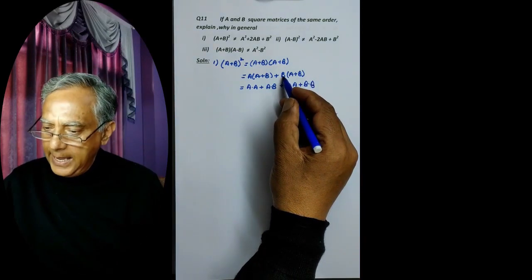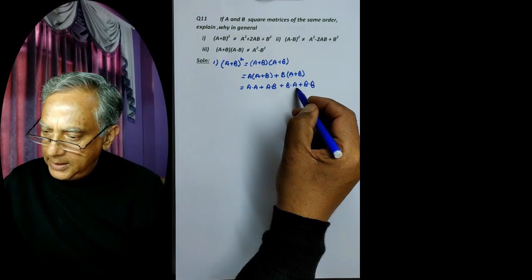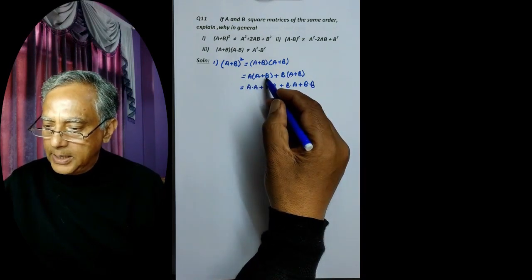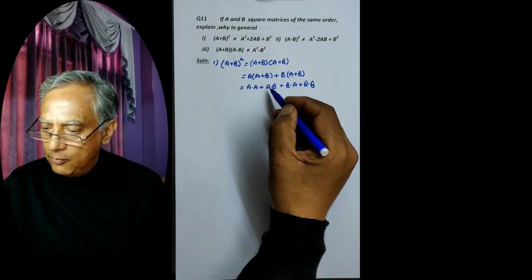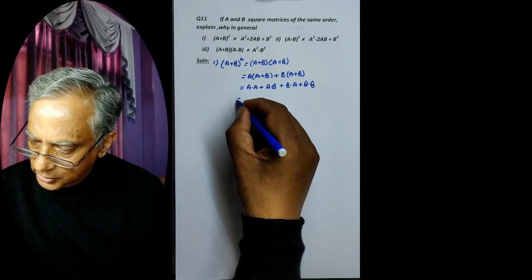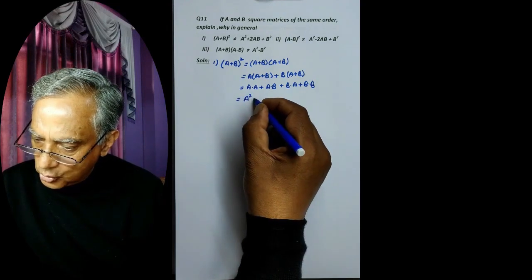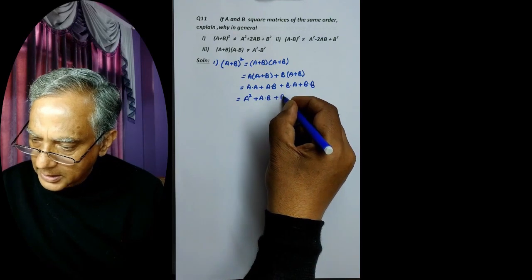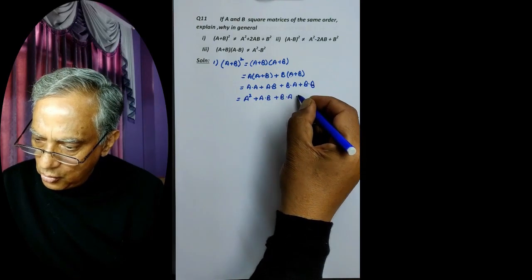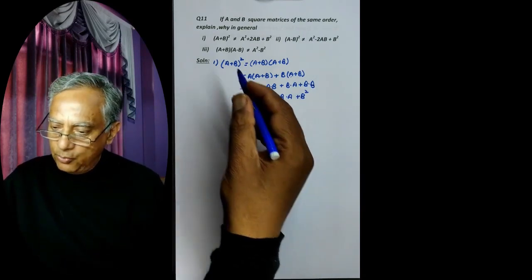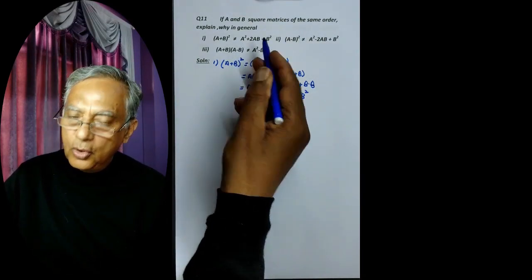We are multiplying this with B from left, so it must be kept on left. Here we are multiplying B from left with A, therefore A must be on left. So this is equal to A square plus A into B plus B into A plus B square, and which is not equal to this.